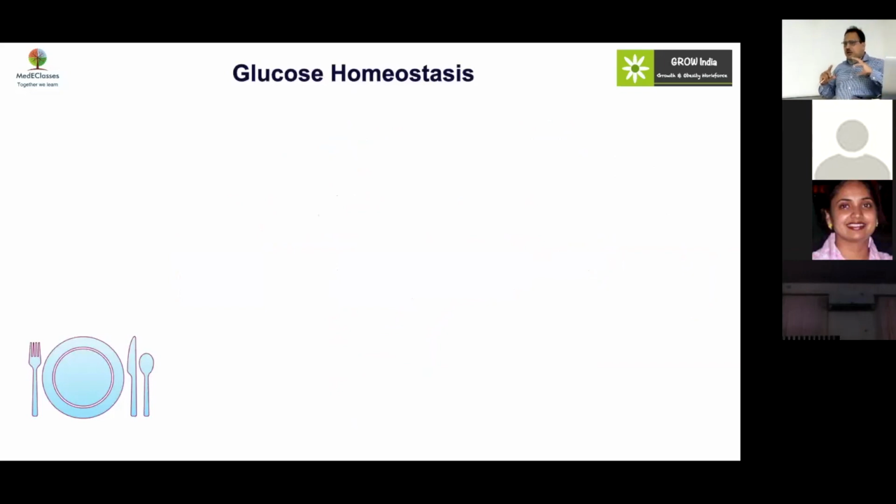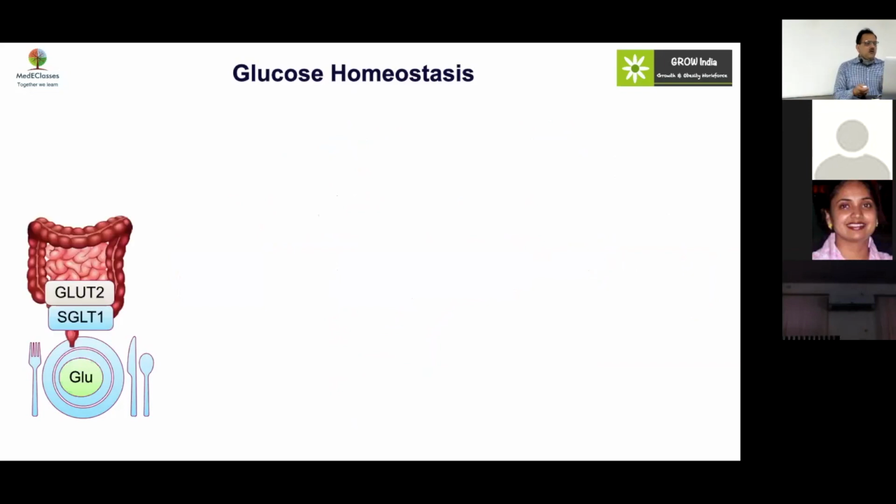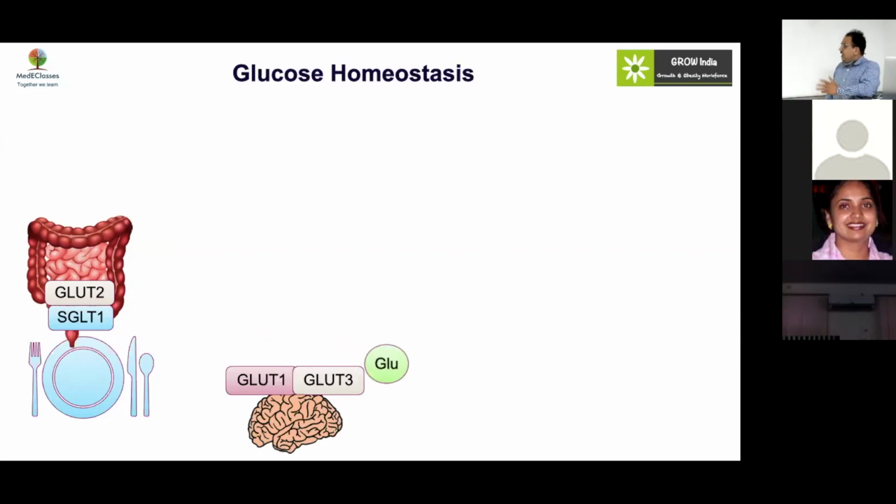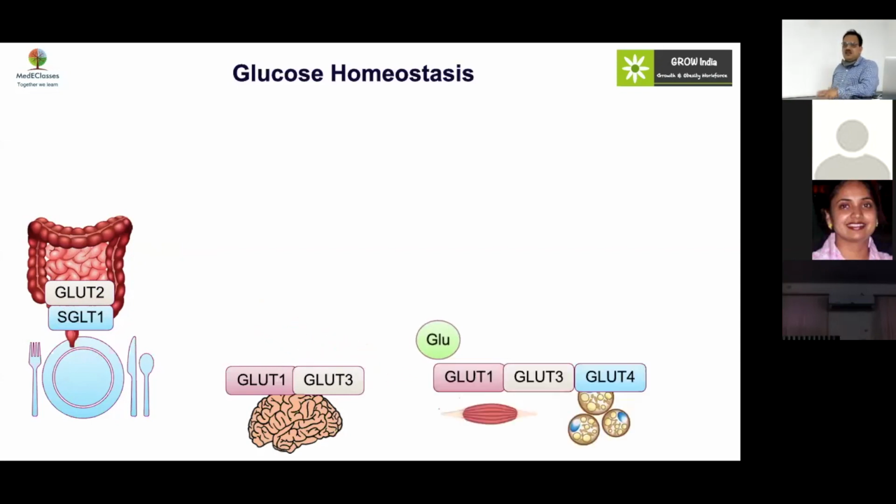So just to summarize the overall glucose homeostasis, we take in glucose for our body, and this is taken up by the sodium glucose linked transporter and the GLUT2. SGLT being an active transporter and GLUT2 being a passive transporter, they take the glucose up, and this glucose will then immediately provide energy for the brain as well as the muscle, and it will then get deposited in the adipocyte.